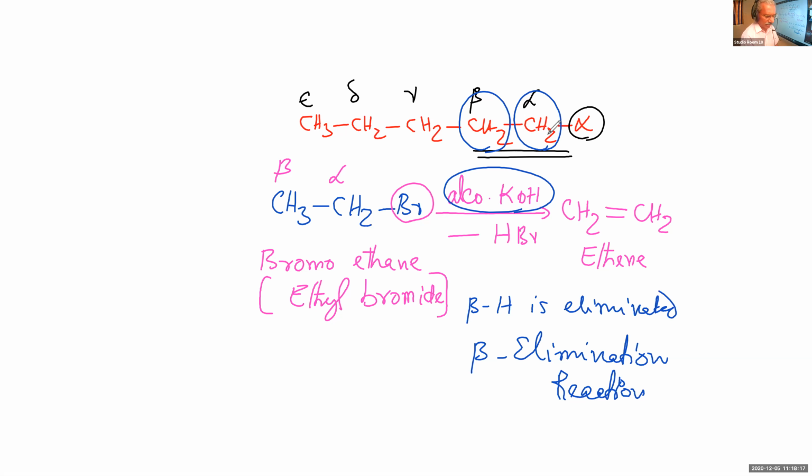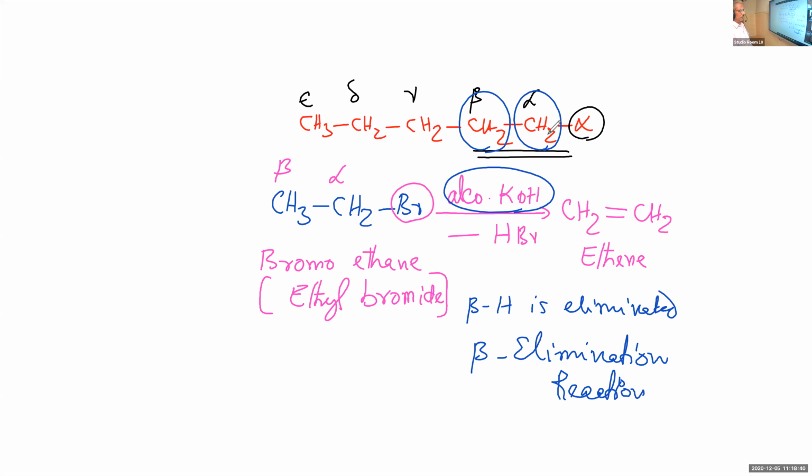So by the beta elimination of an alkyl halide, by heating with alcoholic KOH, we'll get an alkene. For example, ethyl bromide or bromoethane when heated with alcoholic KOH, there is a beta elimination.